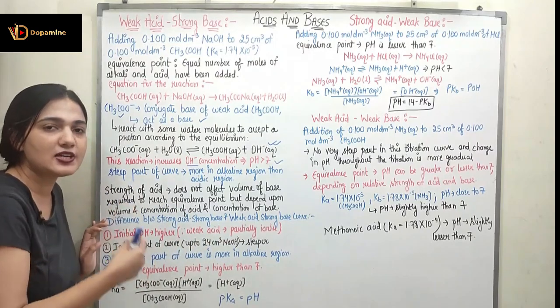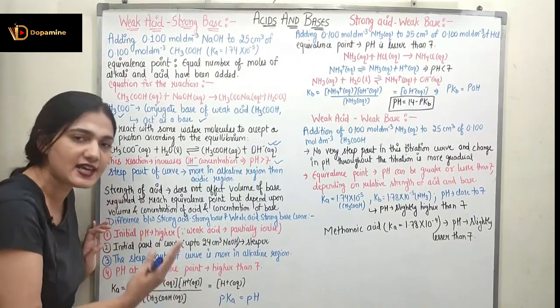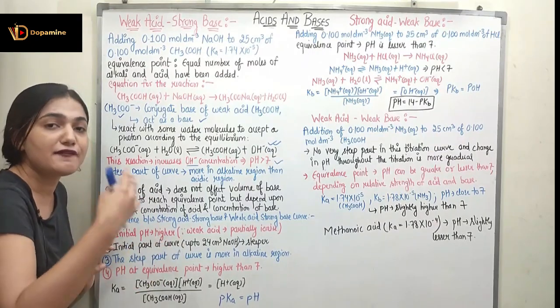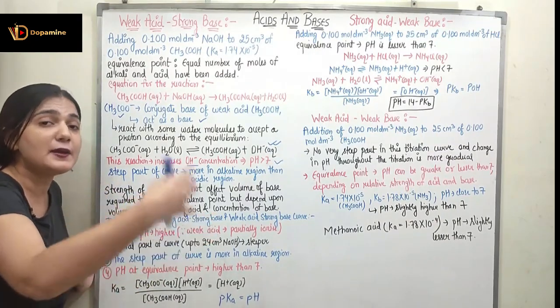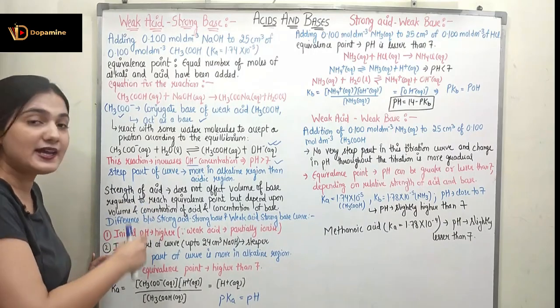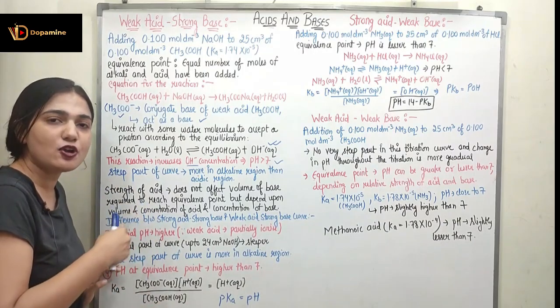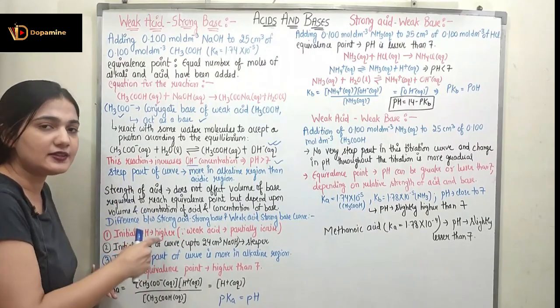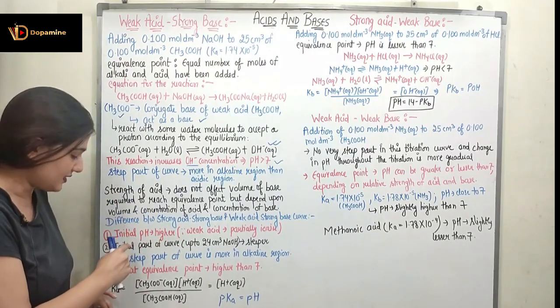When I have the partially ionized weak acid, I will have fewer H positive ions, which means the pH would be higher. If I have more H positive ions, pH would be towards acidic and lower, right? So in this case, pH is higher. In the strong acid, strong base, pH was 1.